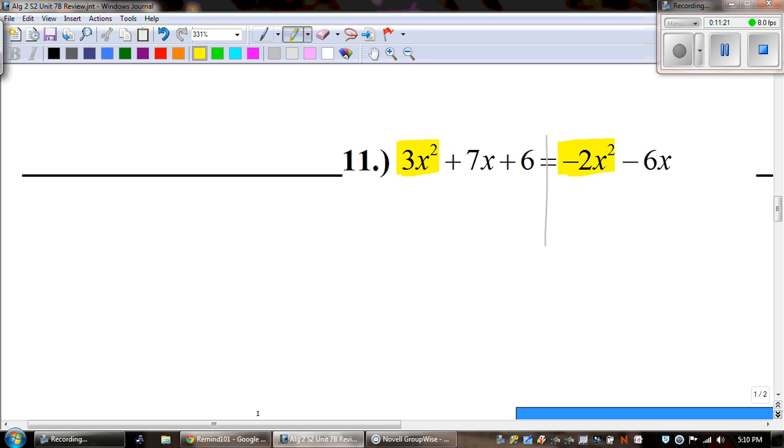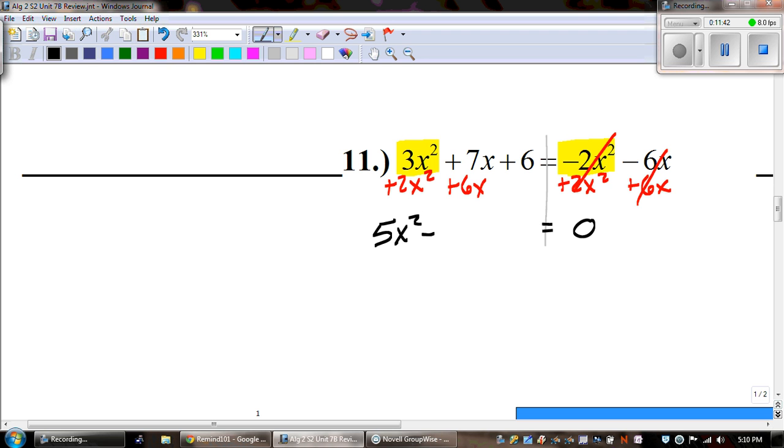So we're going to move the smaller one. So I'm going to add the 2x squared, so that cancels, which means I have to add the 6x as well. We get the right side equal to 0, and then we have 5x squared plus 13x plus 6.